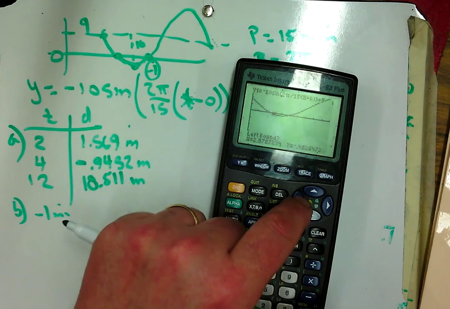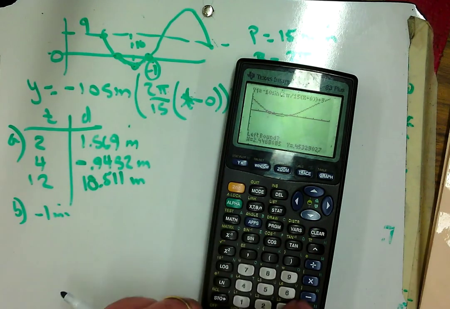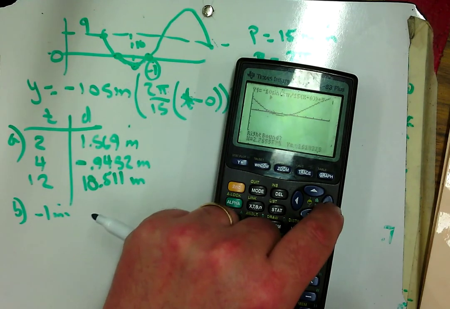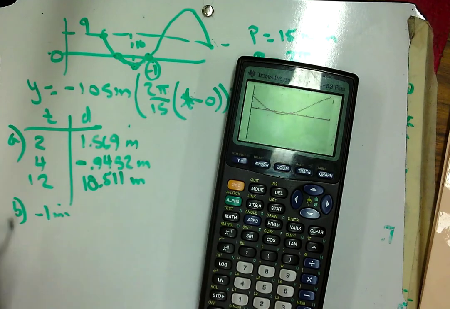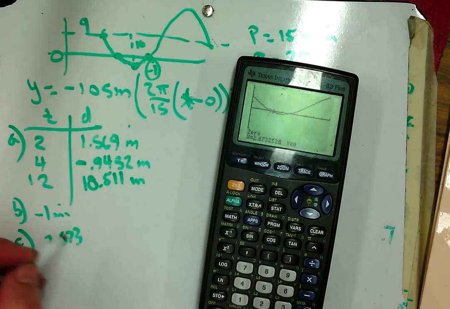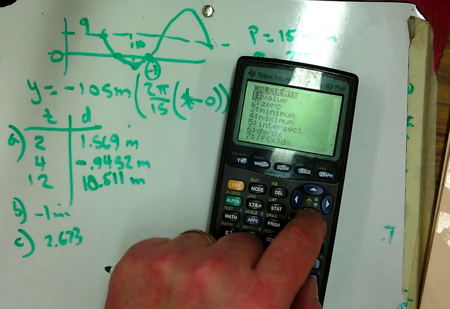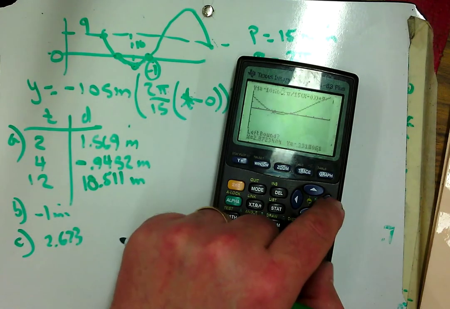I got 2.673, and we want to find that other 0 going over here.